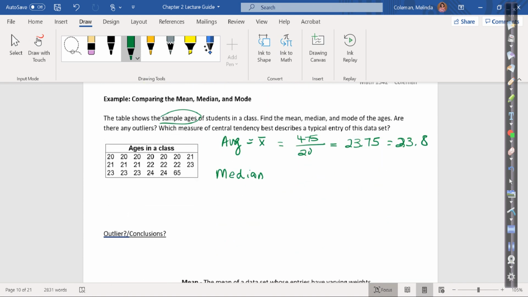Counting in from each end, the two numbers in the middle are 21 and 22. So the median says to take 21 plus 22, divide by 2, and we get 21.5. And this would be the median.